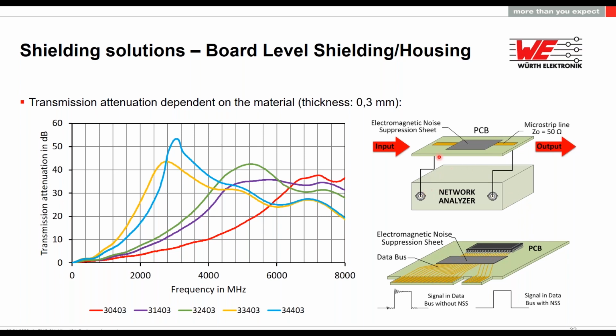We can measure this behavior with a microstrip line, where one signal comes out of our network analyzer and goes through the microstrip line to the other port. Then we place the material on top and we can see the difference. So we are measuring the absorption ability of this material. Here we have different materials, which means they have different permeability values and responses.